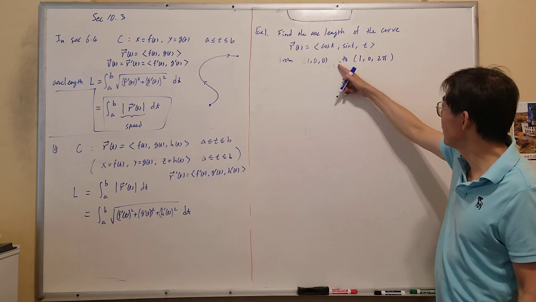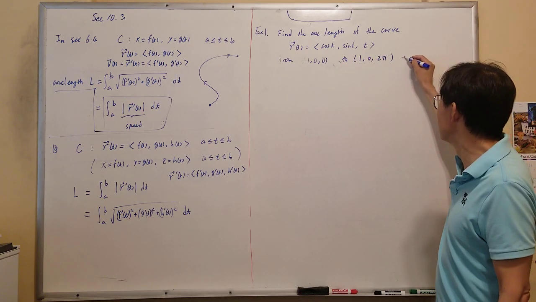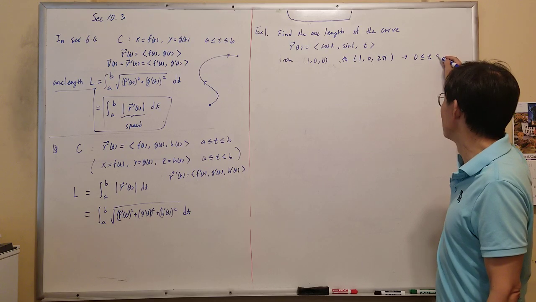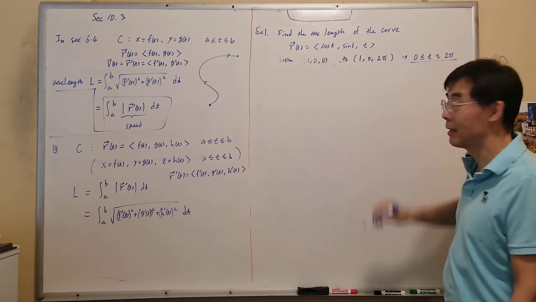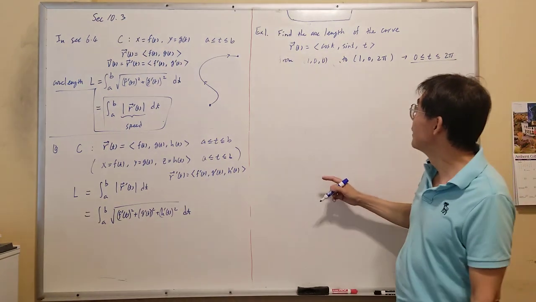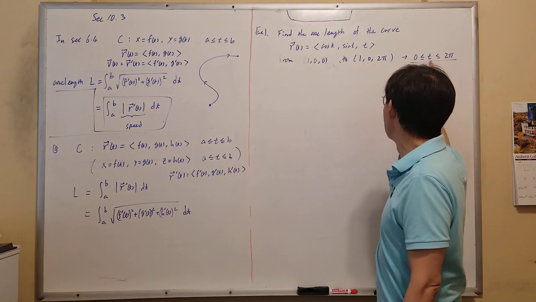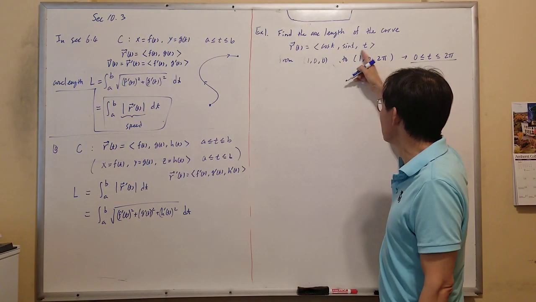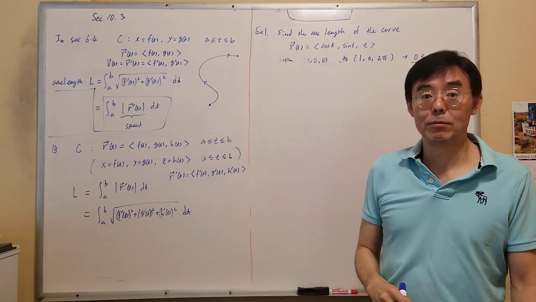So t runs from 0 to 2 pi, right? Cosine t and sine t come back to the same value from 0 to 2 pi. The z coordinate rises from 0 to 2 pi.